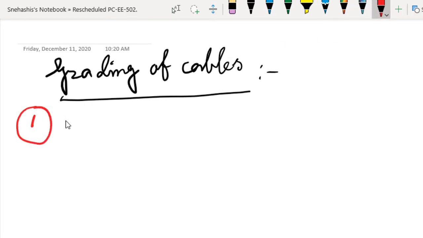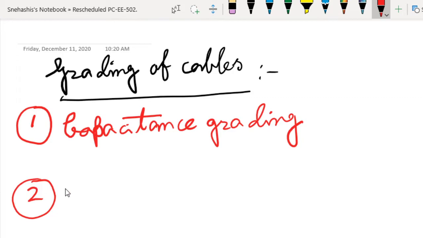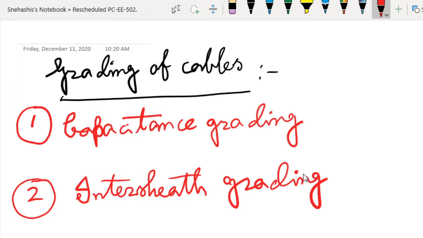First one is capacitance grading, and second one is intersheath grading. So before discussing them in detail, let me have a very quick recapitulation about the grading of cables.